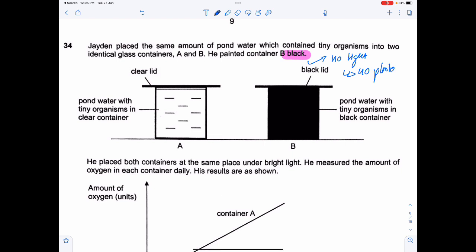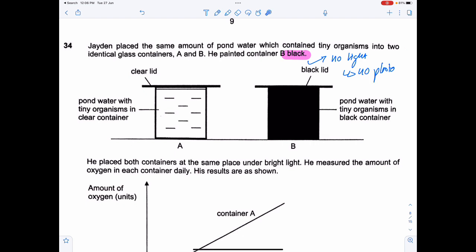Okay, now I could be wrong. When I am doing exams, I could be wrong when I read the question. But when I'm reading the question, certain key ideas should pop into my mind immediately, such as black, no light, no photosynthesis. Okay? Besides that, when will you see black?